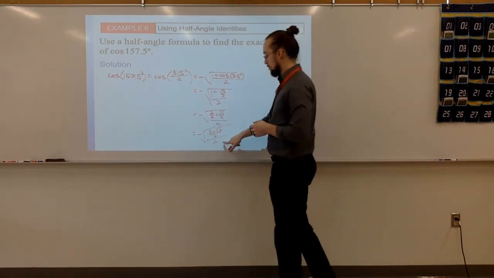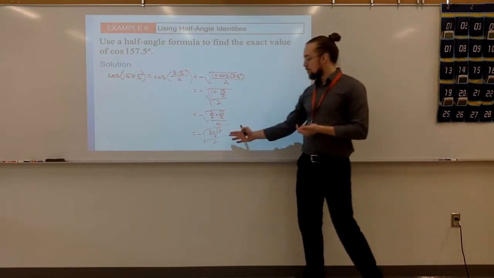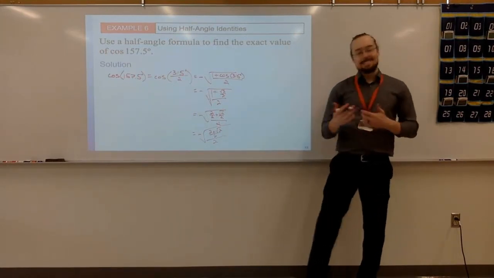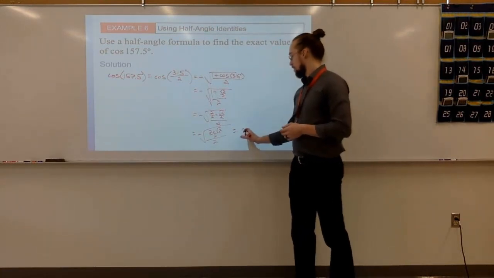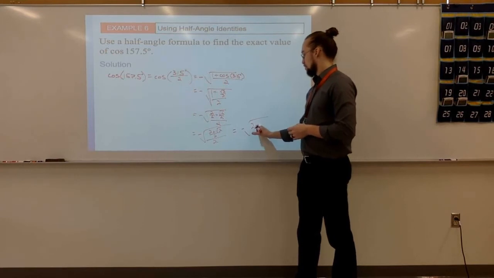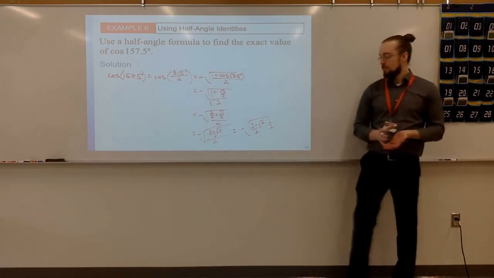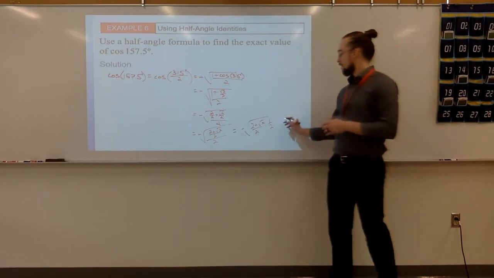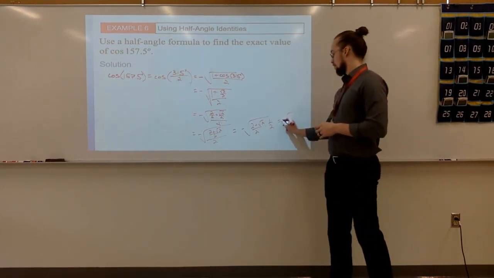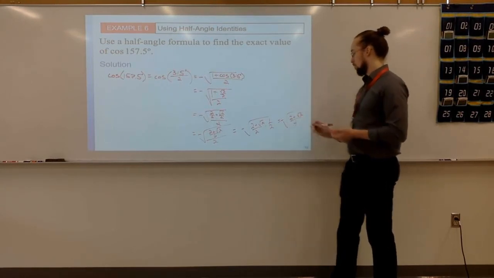Dividing by 2 is the same as multiplying by 1/2, so this becomes 2 plus the square root of 2 over 4.